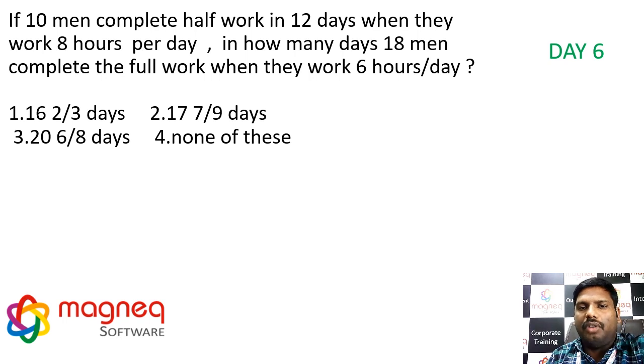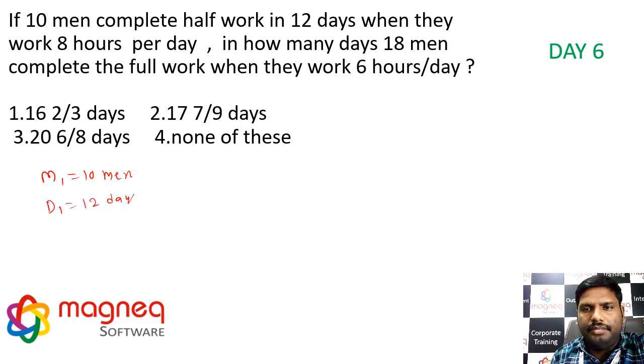If 10 men complete half of the work in 12 days when they work 8 hours per day, in how many days will 18 men complete the full work when they work 6 hours per day? So given information, M1 equals 10 men, D1 equals 12 days, T1 equals 8 hours, and work W1 equals half work.